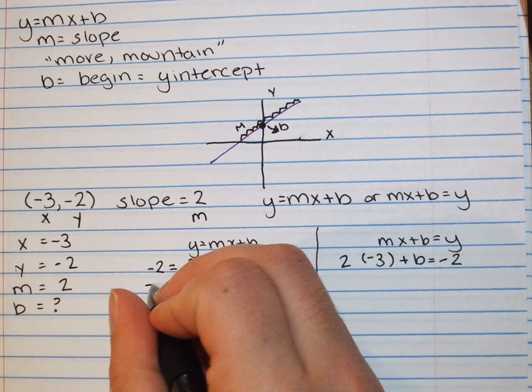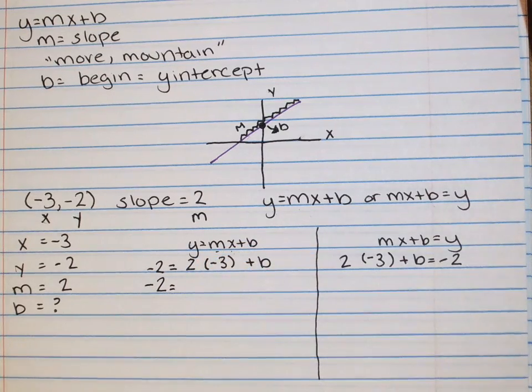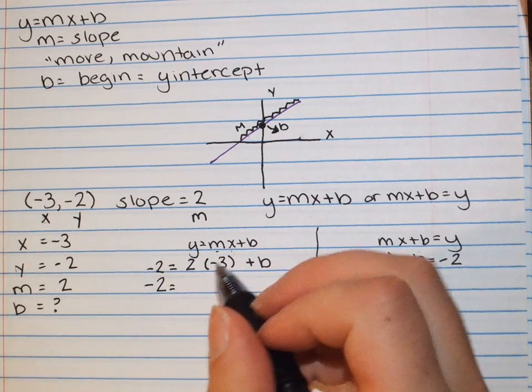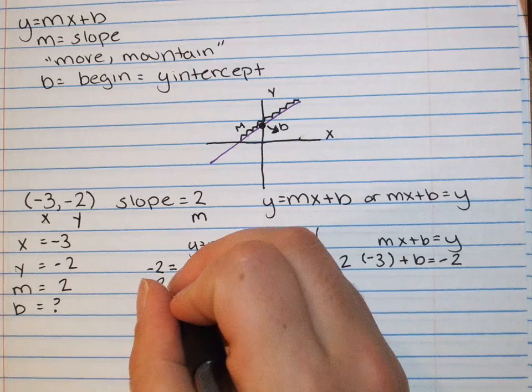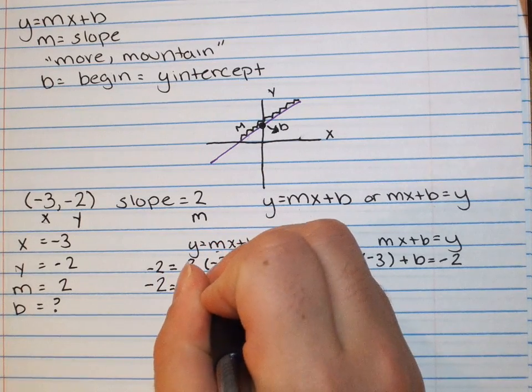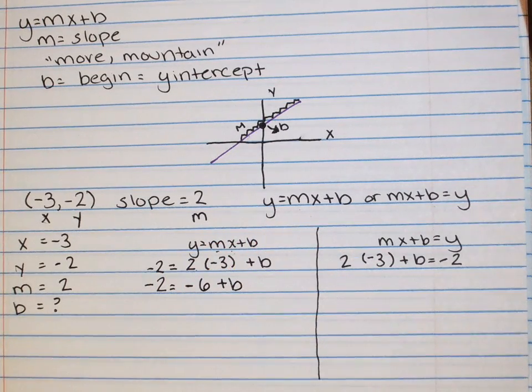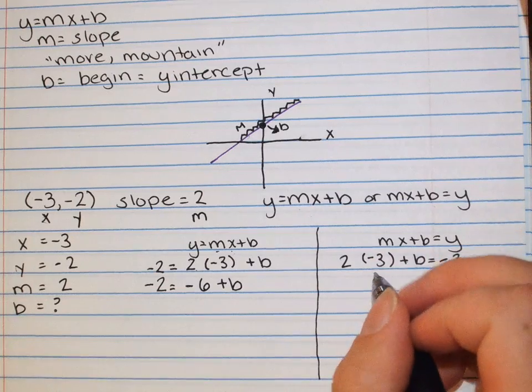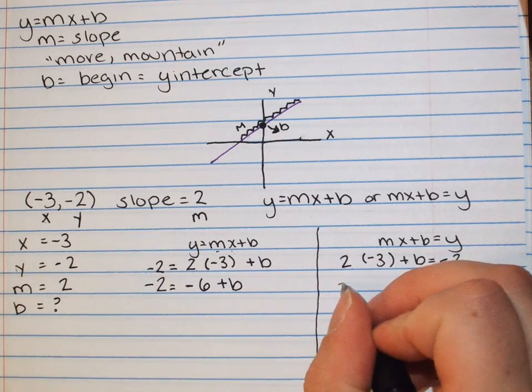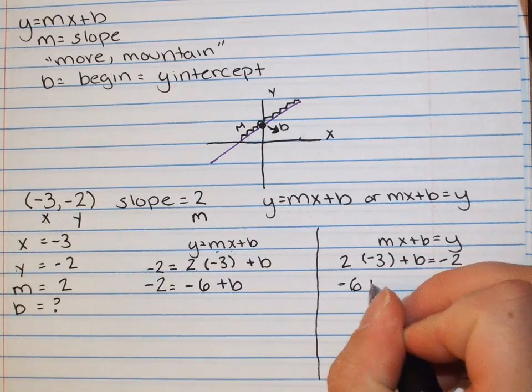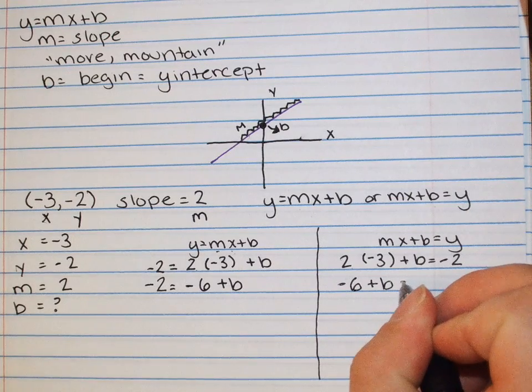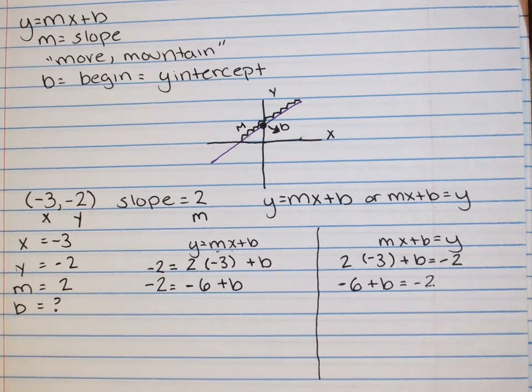So over here, I'm going to say -2 equals, and now this is the time when you can use a calculator. So 2 times -3 is -6 plus b. And over here, I'm going to do 2 times -3, that's -6, plus b equals -2.